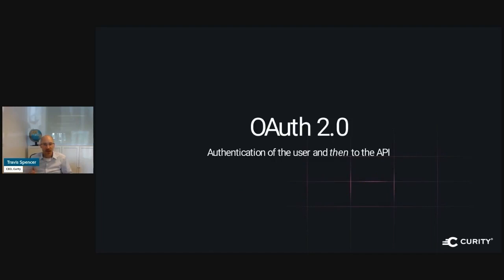Let's talk a little bit now about authenticating the user and then authenticating the client to the API. We do that with another RFC, 6749, which is called OAuth 2, which is a framework for doing authorization of resources to different users.